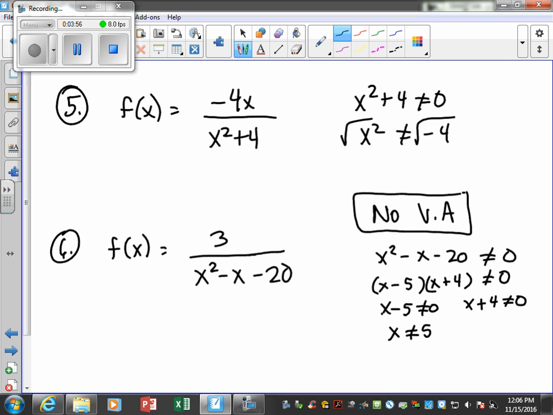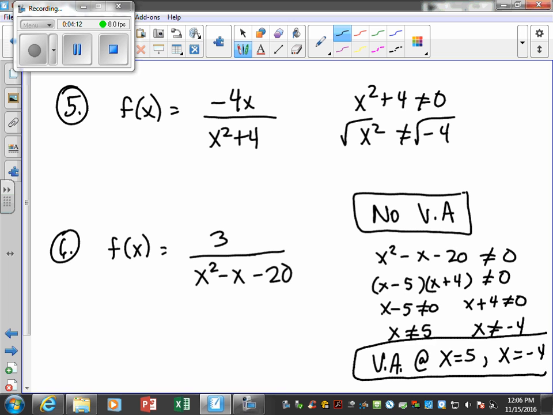So x cannot equal 5 and x cannot equal -4. So you have vertical asymptotes at x equals 5 and x equals -4. Like I said, I move really quickly through this. This is all review.